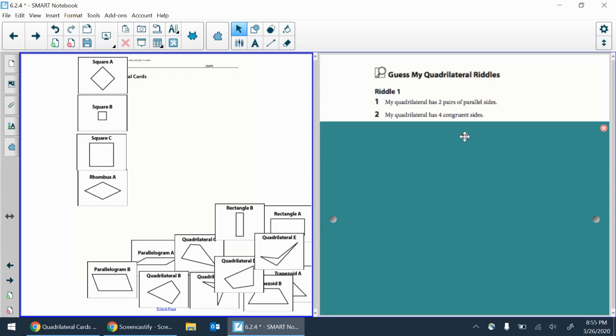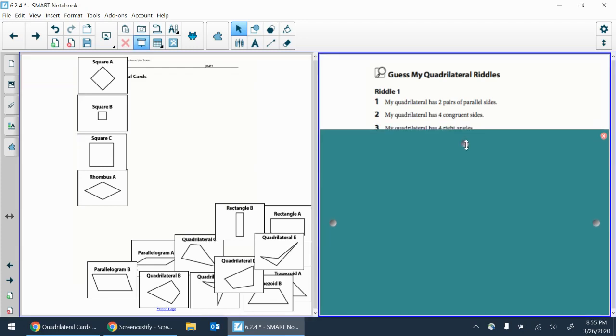Okay, off to clue number 3 we go. My quadrilateral has 4 right angles. A right angle means it is at 90 degrees. And even though this square is turned sideways a little bit, it's tilted, I know that a square has to have 4 right angles.